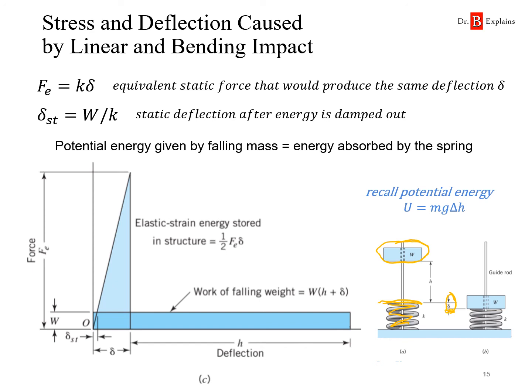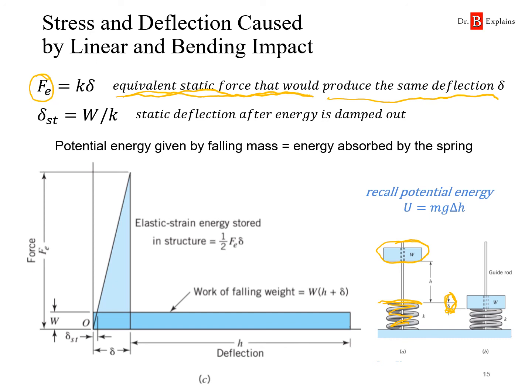And what we want to calculate is Fe, the equivalent static force, because we're used to dealing with static forces. What is the equivalent static force that would produce the same deflection delta? So the same deflection that the direct blow or impact gives.